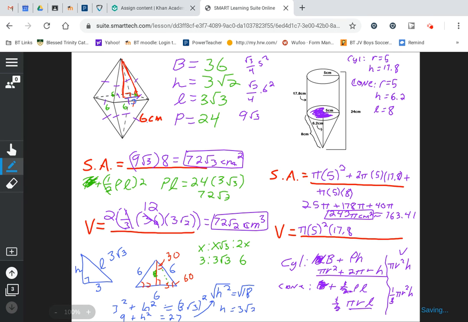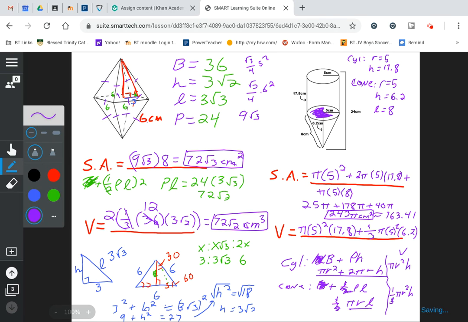Plus 1/3 pi times 5 squared again times the 6.2 now. I'm going to change colors just so I can read it with the purples here.